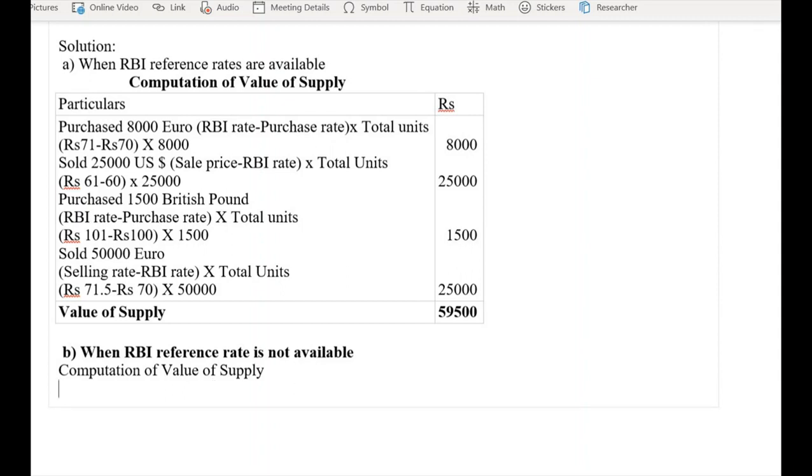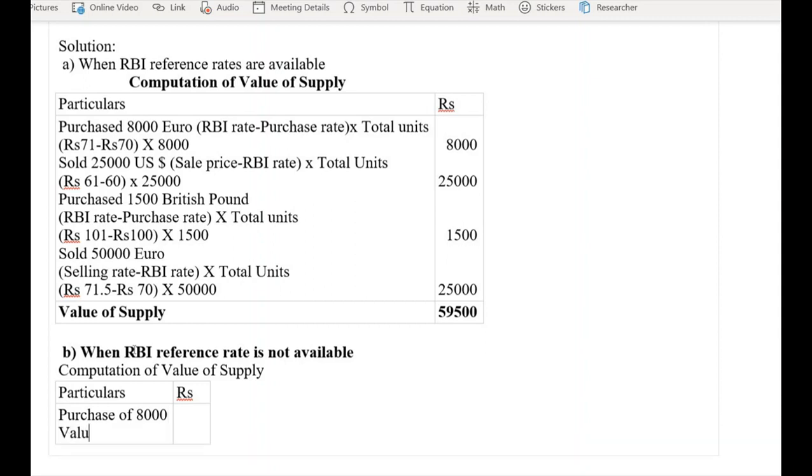So let me insert again two columns here. So particulars, rupees. So purchase of 8,000 euros. So now we have to multiply with the price and 1% of such gross amount of the currency exchanged we should take as the value here. So purchase of 8,000 euros.